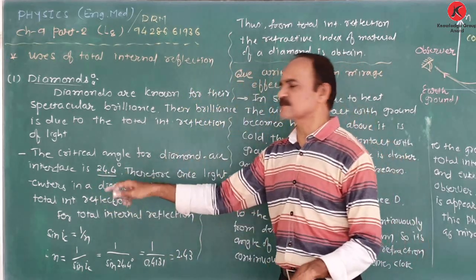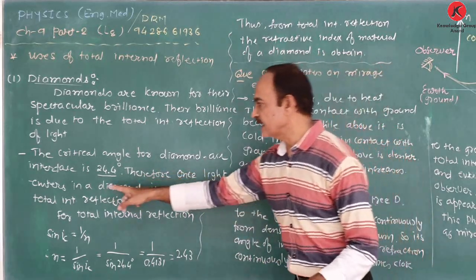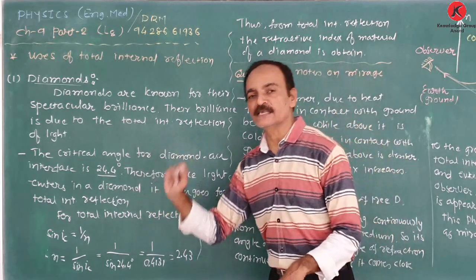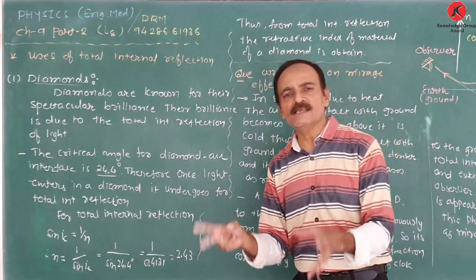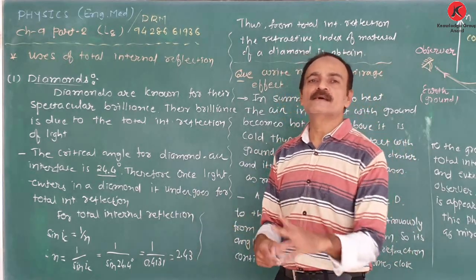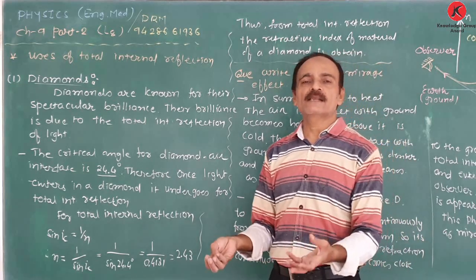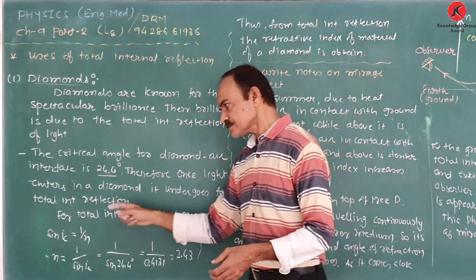That is very small, only 24 degrees. Therefore, once light enters a diamond, it always undergoes total internal reflection. Multiple internal reflections take place in the diamond, so in less intense light, the diamond shows sparkling or brilliance.